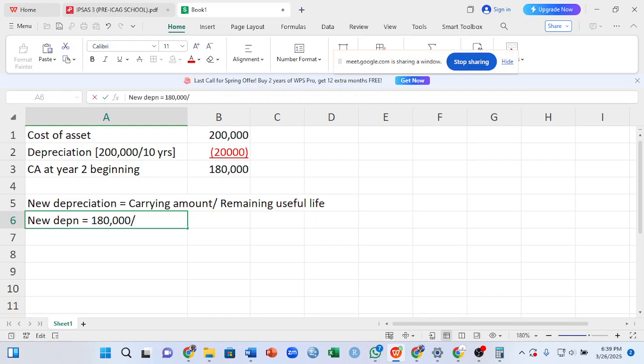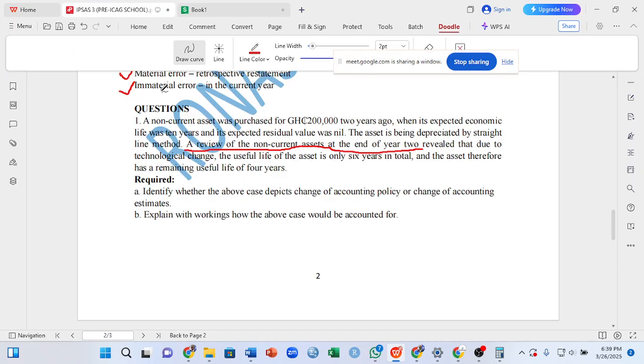Now, what's the remaining useful life? Is it 5 or 4?